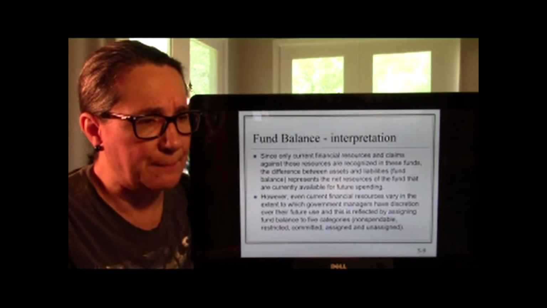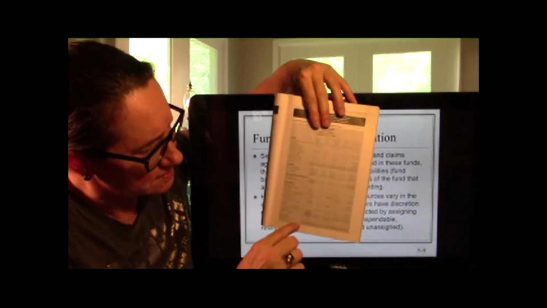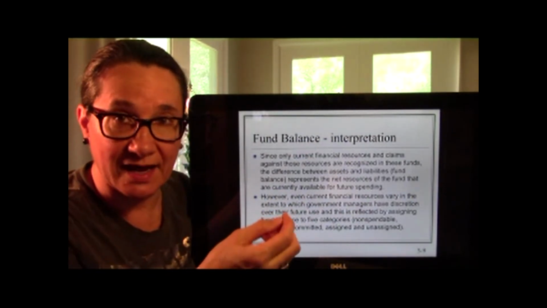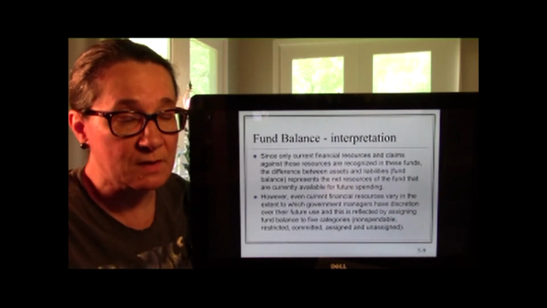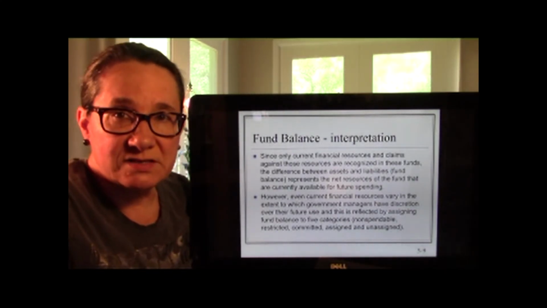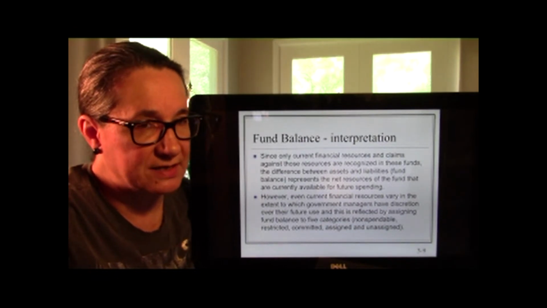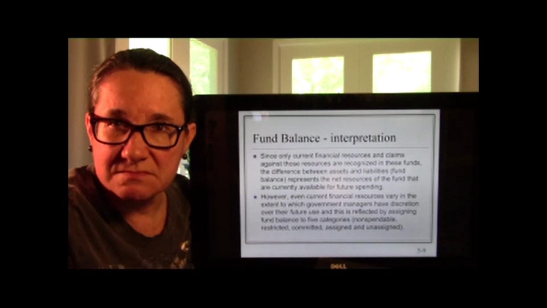However, even these funds are varied in how we can use them, right? Because even though we have the actual, I guess, money available for spending, or the asset available to use, right? Because they're not necessarily money, they could be supplies, right?